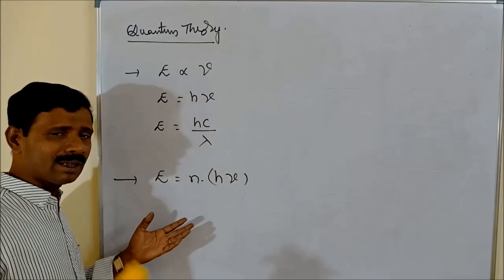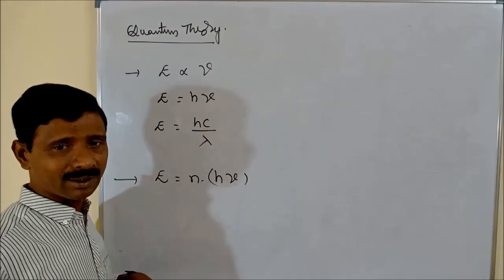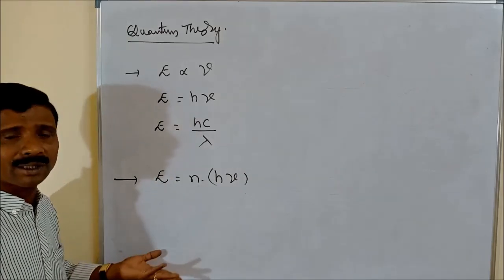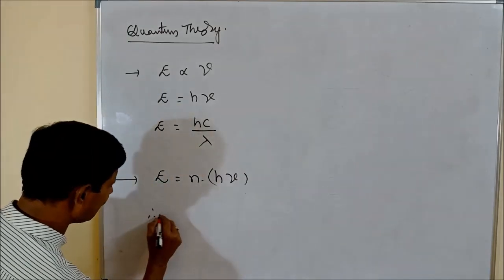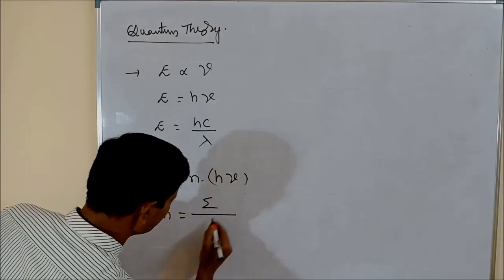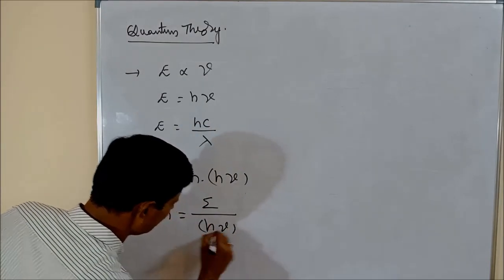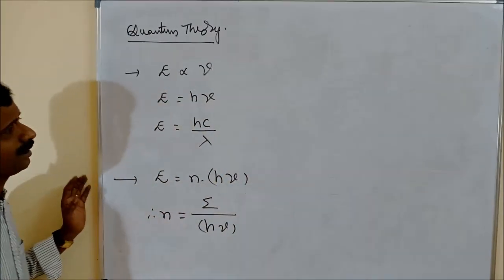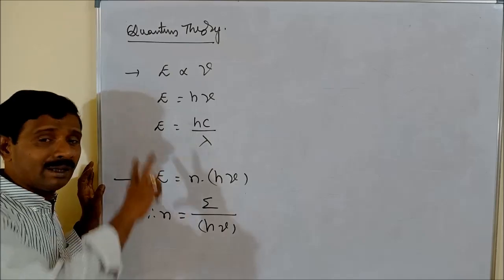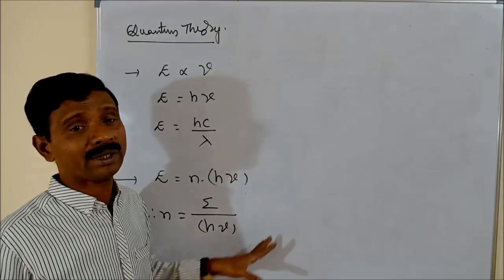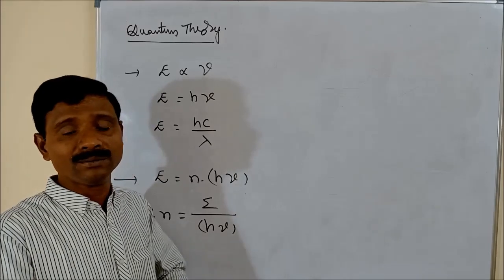The same concept we can apply to the Einstein concept also. How to find the number of photons? Here n is the number of photons. According to this, the number of photons equals the total energy divided by the energy of each photon. So in this way, you have to remember the mathematical representation for quantum theory, both photoelectric effect and quantum theory.